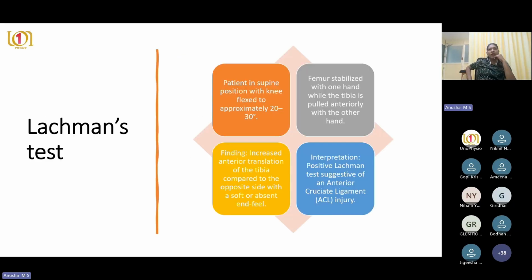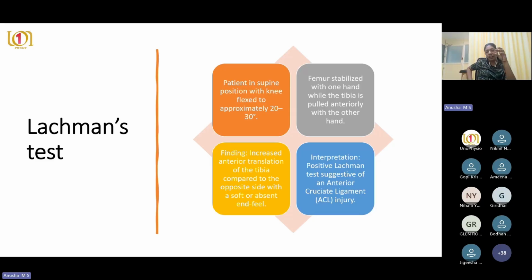So again, when you get a case of knee pain, try to understand what happened, what is the structure affected, and why this structure caused the pain. In the case of osteoarthritis, we already discussed the pain can be more or minimal, but that doesn't depend on the articular pathology.